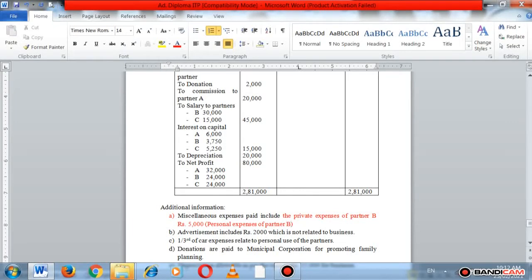So the miscellaneous expenses of rupees 5,000 is added to net profit.